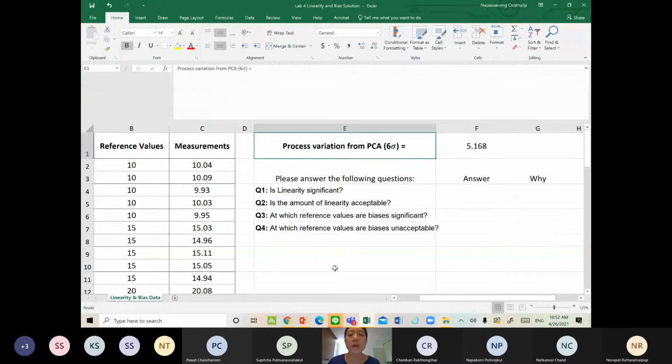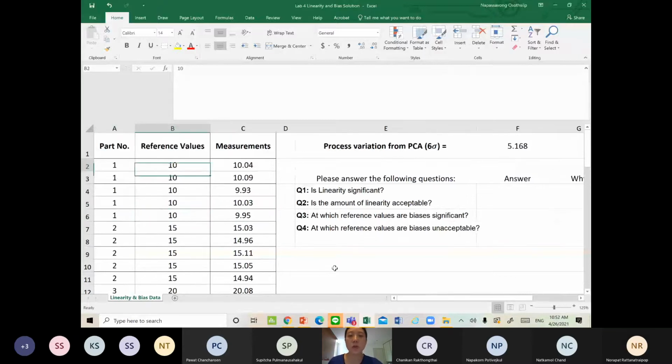Suppose we have done the previous analysis at each reference value, it has a 6 sigma of roughly about 5.1. For a reference value of 10, you do process capability analysis and then you get the sigma.